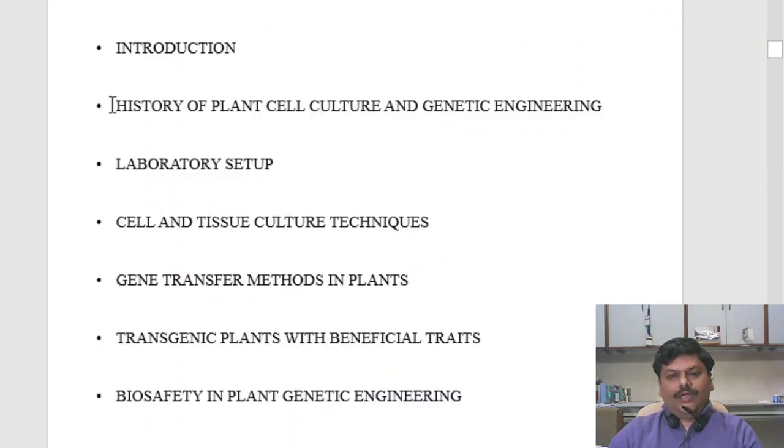Now I have divided this chapter into certain subsections which are related to introduction and the history of plant cell culture and genetic engineering. And then I will discuss with you what minimum requirements we need and what are the minimum tissue culture practices we do in terms of laboratory setup, cell and tissue culture techniques, gene transfer methods in plants, formation of transgenic plants with beneficial traits.